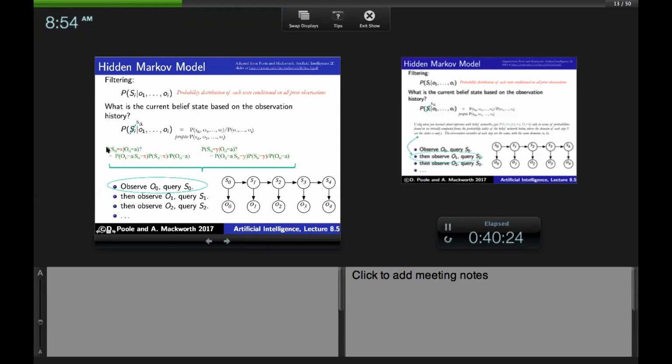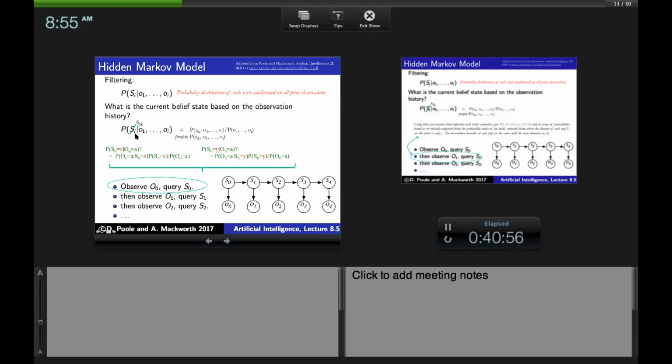So let's say we want to compute the probability of S sub 0 equaling a particular state X, given that the observation at state 0 equaled A, where X and Y are permissible values of a state, and A and B are permissible values for an observation.